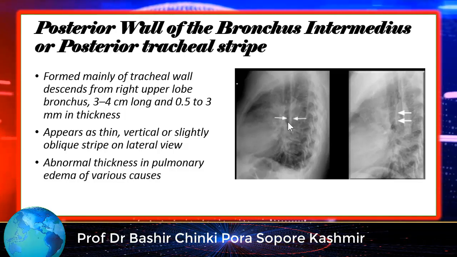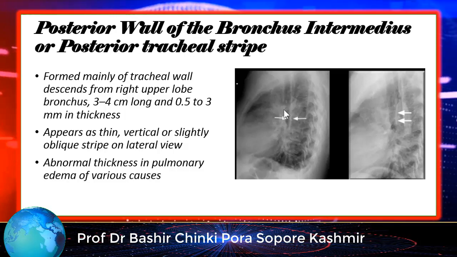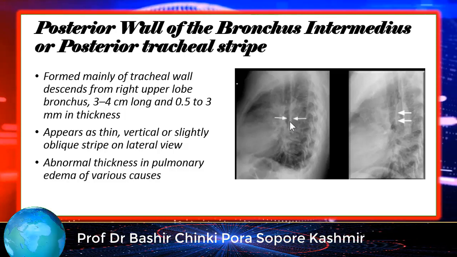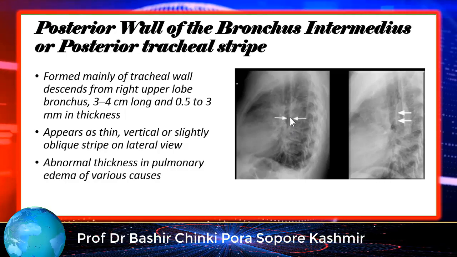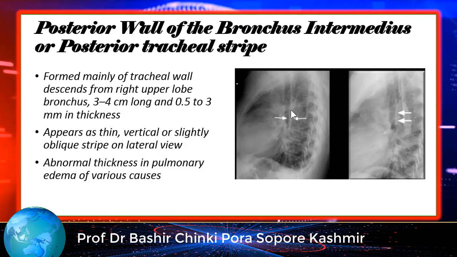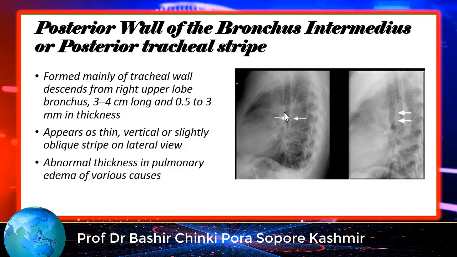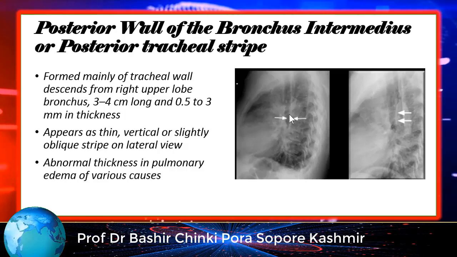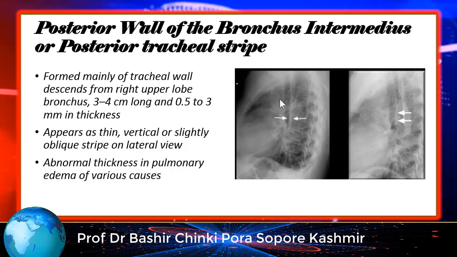These vertical opacities can become thick whenever there is pulmonary edema of various causes. So this was about the posterior tracheal strip or bronchus intermedius appearing on the lateral view of the X-ray.